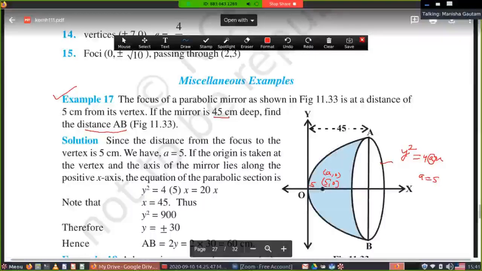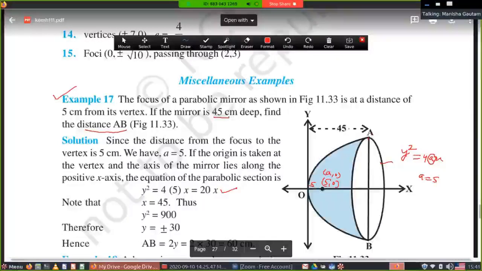Now if you put the values in the parabola y squared is equal to 4ax, you get y squared is equal to 20x. Now x is 45, it is written here. If the mirror is 45 centimeter deep, that is the depth of the mirror.